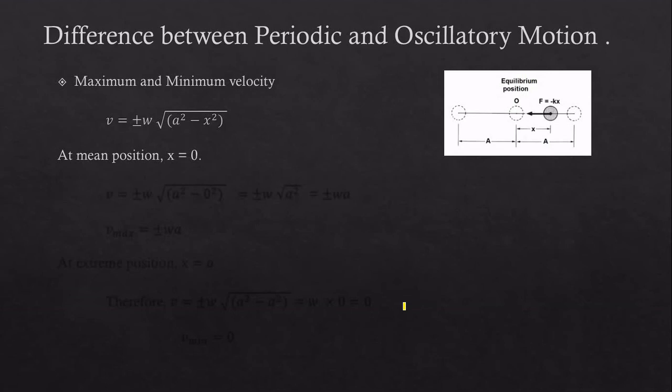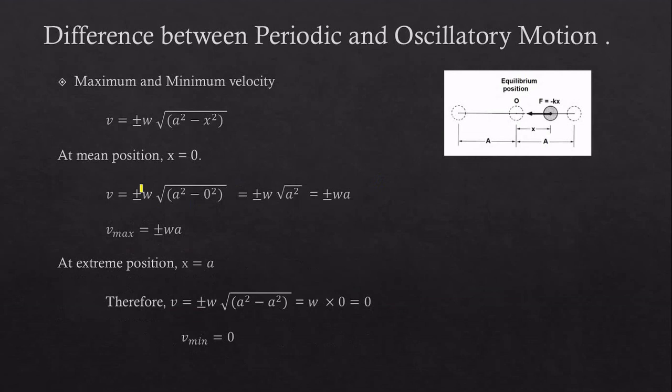Now again we are going to study why velocity is 0 at an extreme point. We know that the velocity of a particle performing simple harmonic motion is given by v is equal to plus or minus omega under root of a square minus x square, which we already derived, right? At the mean position, that is the center position, the value of x is going to be 0.